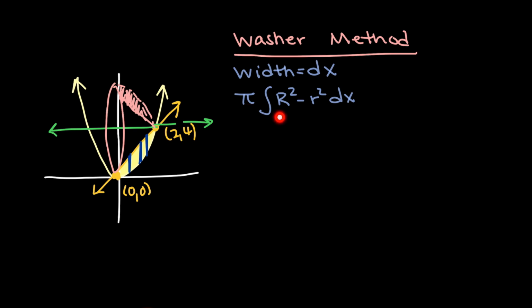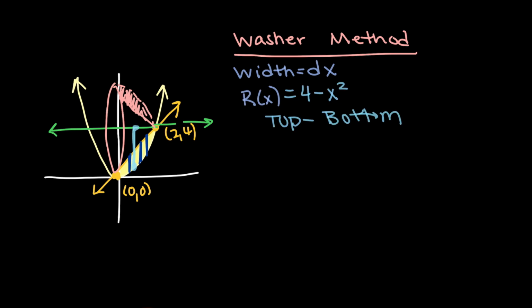So using the washer method, the integral I'm going to set up is going to be pi times big R squared minus little r squared, outer radius and inner radius. And I'm going to be working in terms of x. Everything is going to be in terms of x. So my radius, my distance to the outside of the object, is this line that I'm highlighting right now. It's drawn in blue.